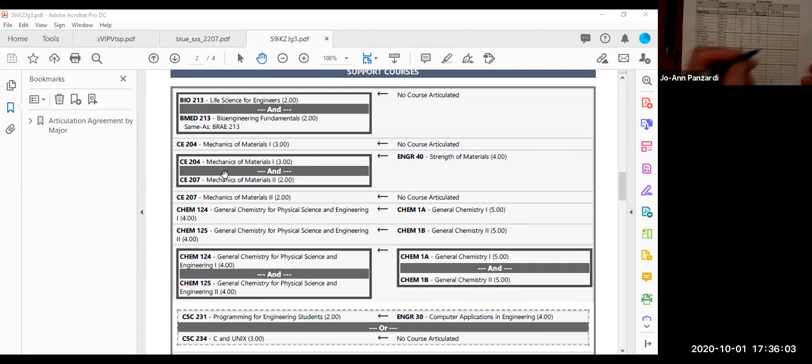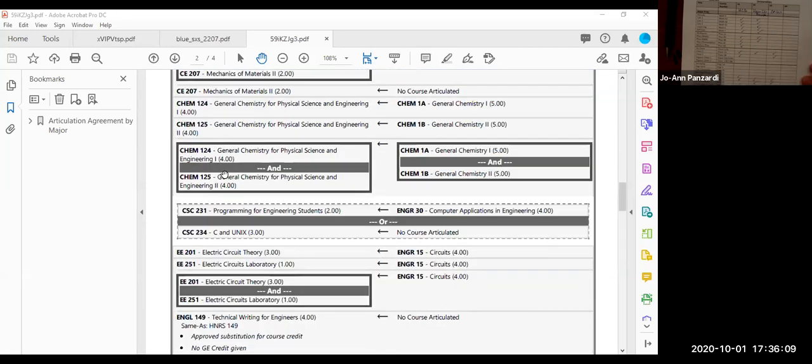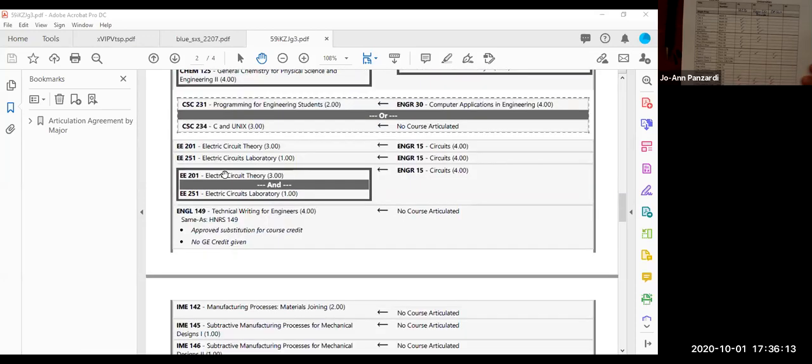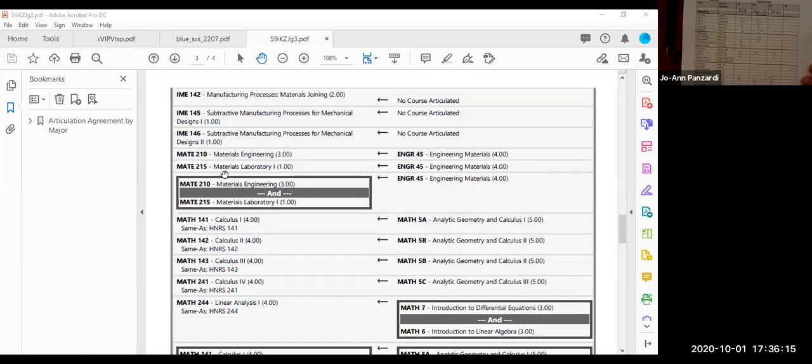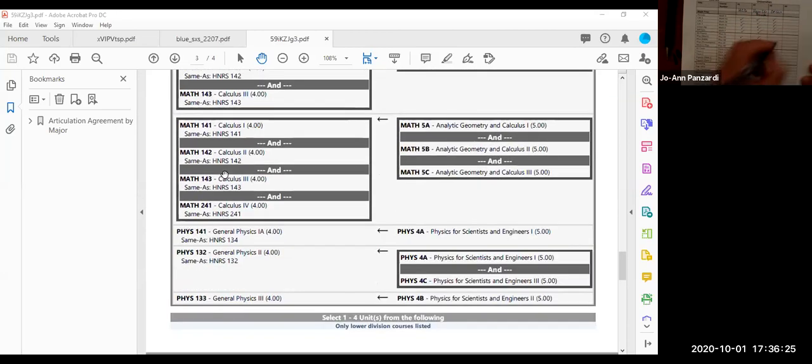I see Chem 1A and Chem 1B, but I'll tell you more about that in a little bit. I see engineering 30. I see engineering 15. I see engineering 45. You see that there's multiple listings of everything, so it's a little hard to read, but I could help you. And then physics 4A, B, and C.